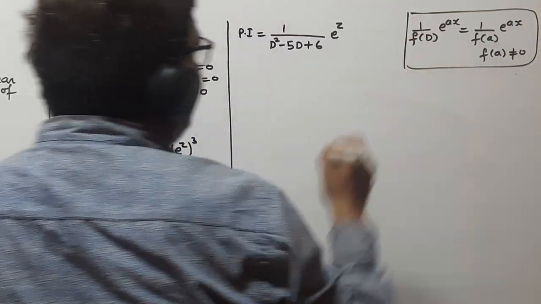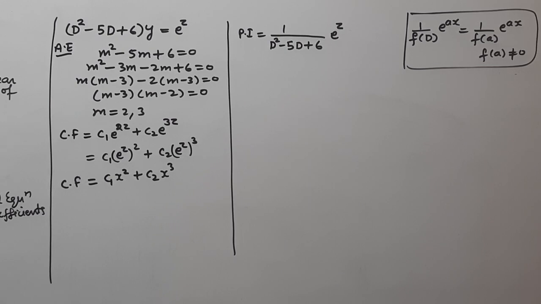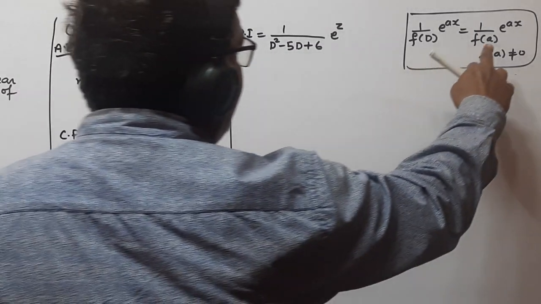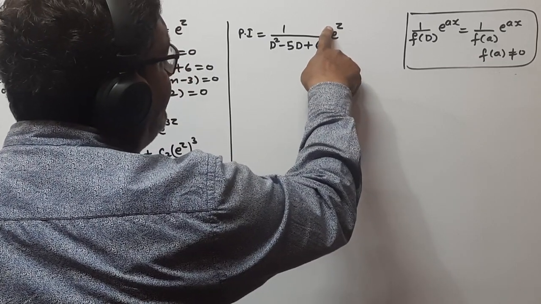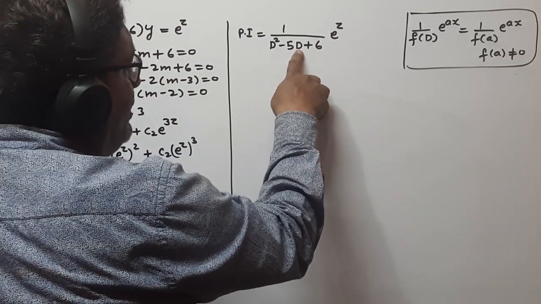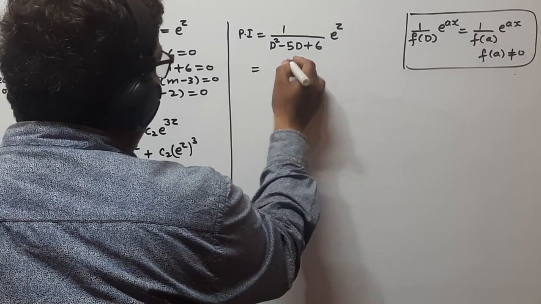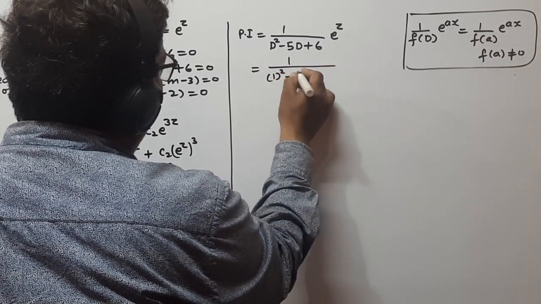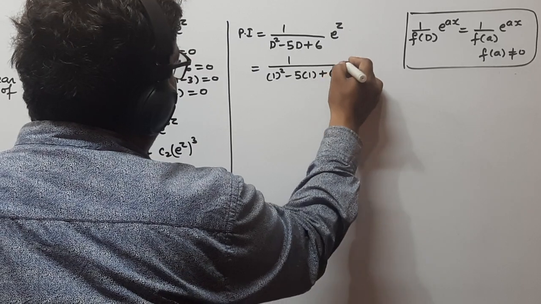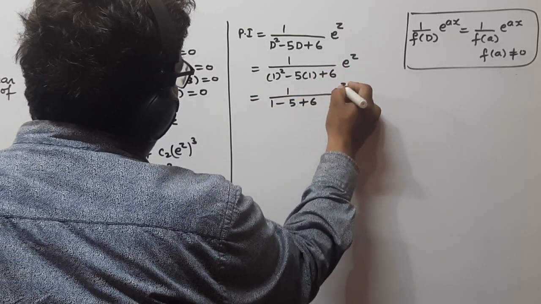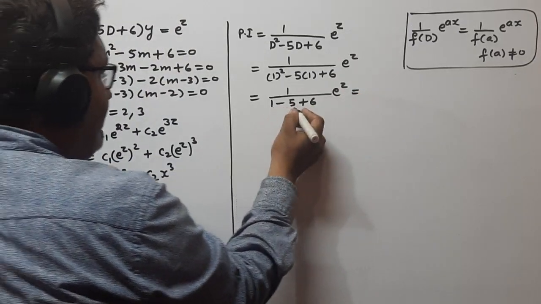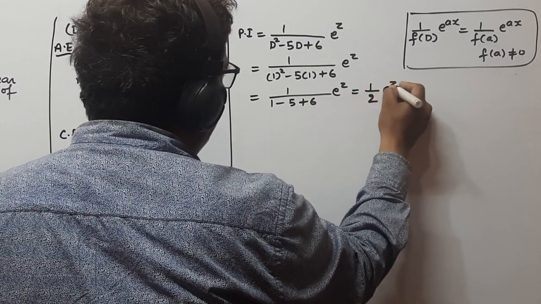It's the formula for finding the particular integral, where a is the coefficient of x in the power of e to the power ax. So here the coefficient of z is 1. When we replace D with 1, we get the particular integral: 1 upon (1 square minus 5 multiplied by 1 plus 6) e to the power z. So this becomes 1 upon (1 minus 5 plus 6) e to the power z, which is e to the power z upon 2.